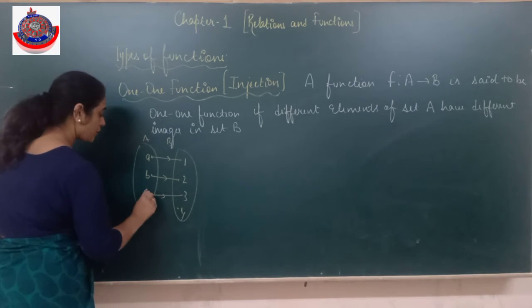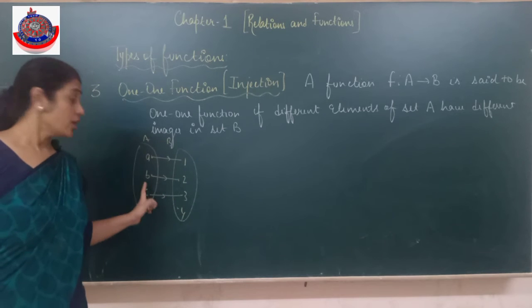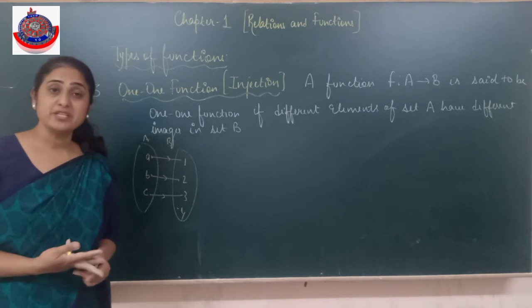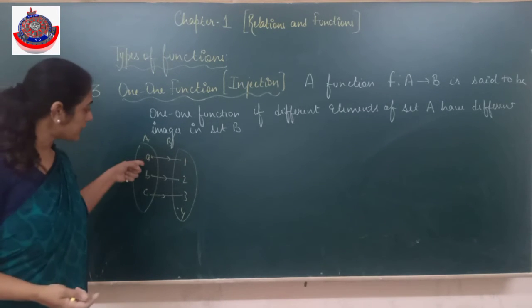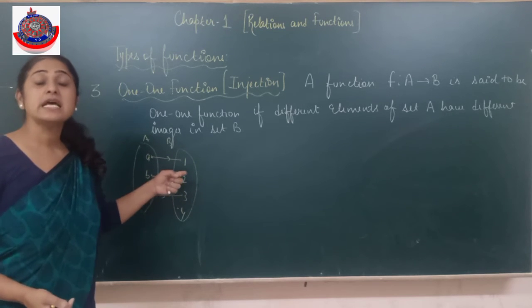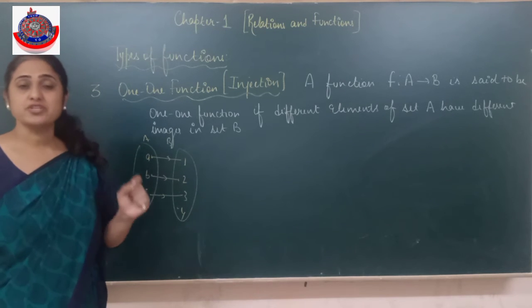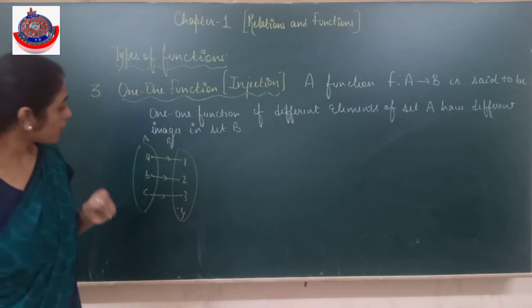The arrow goes from one to one. No two elements will share the same image. Is it clear? One arrow, one side; one arrow, one side. No two elements can share the same image. Then the function is said to be a 1-1 function.